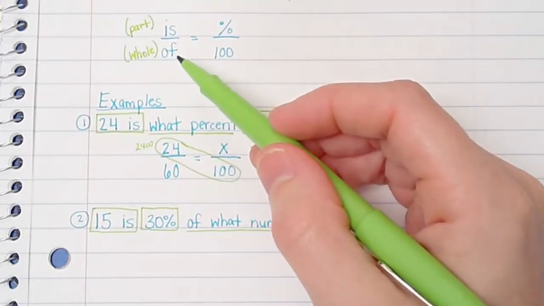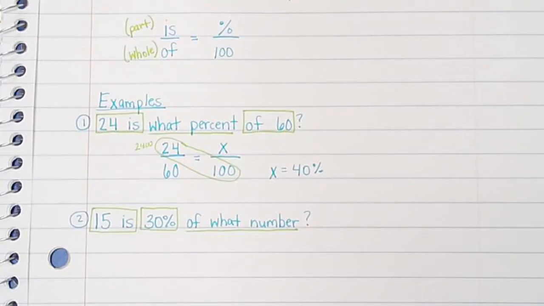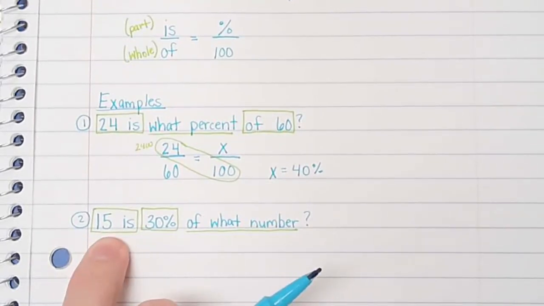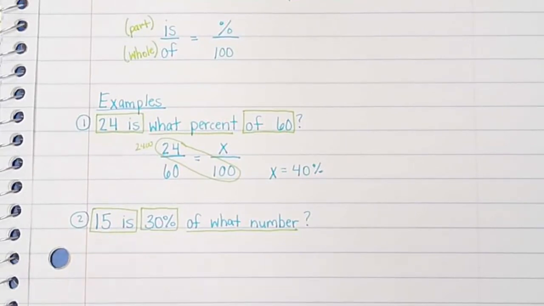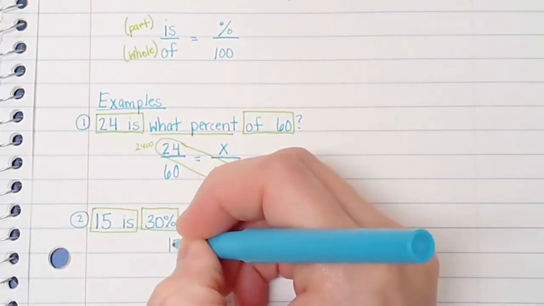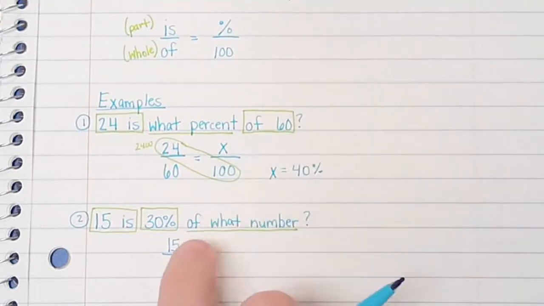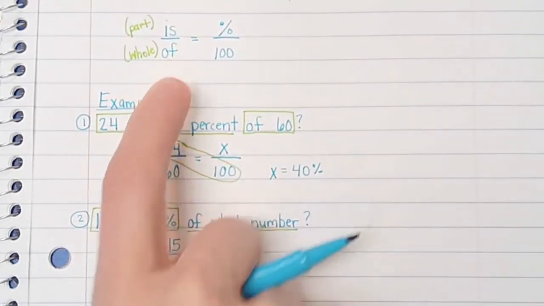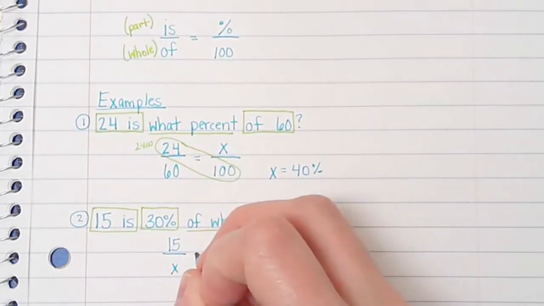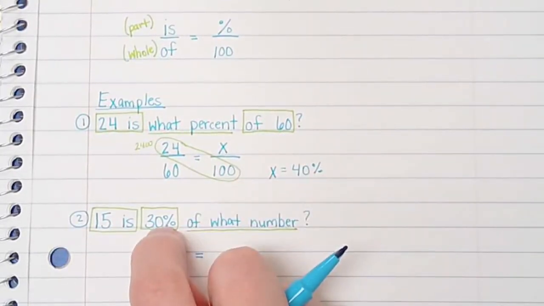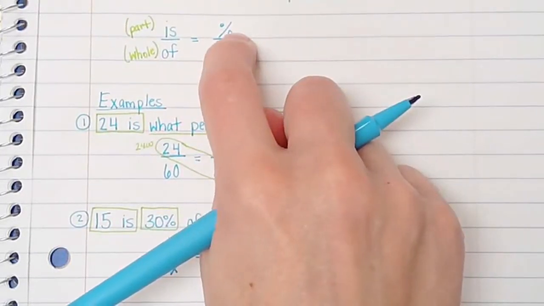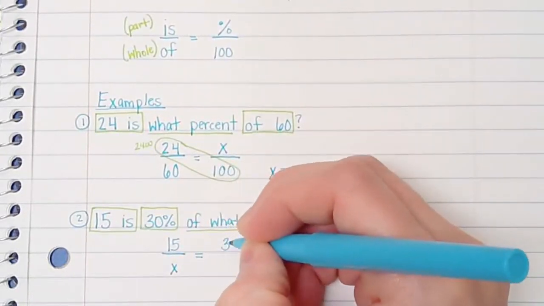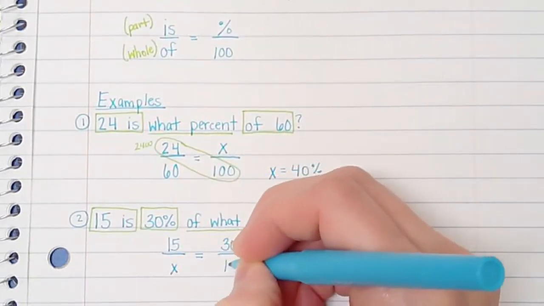So now I think I've got everything filled out. Let's fill these spots in. So 15 is, remember is on top. Of what number? I don't have any number that goes with of, so it has to be an X. 30%. So in that percent spot, I've got to put a 30. And then remember, my 100 doesn't change. Okay?